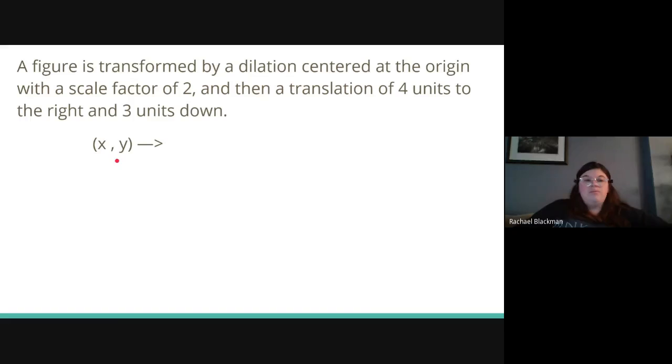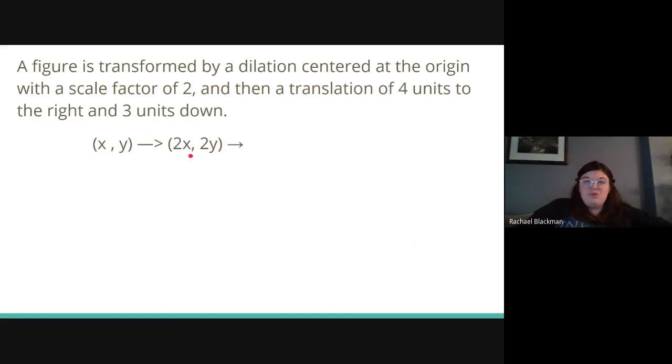So we're going to take a point, (x, y). First, we're going to do our dilation by a scale factor of 2. So that's going to turn into (2x, 2y). Next step is we'll do a translation 4 units to the right. If I'm moving to the right, that means I'm going to be moving in the positive direction of x, which means take your x coordinate, add 4, and 3 units down, take your y coordinate, subtract 3.